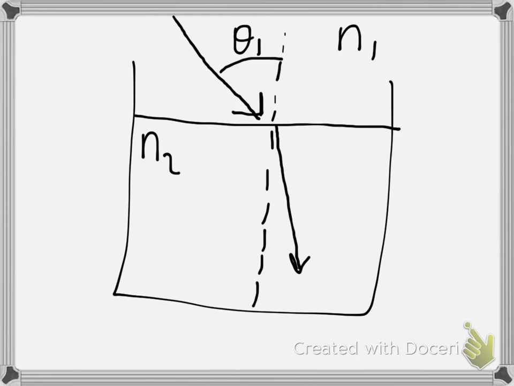And I'm going to have a different angle with respect to my normal. So with the law of reflection, when you're in the same index of refraction, like air, then the angle your beam of light hits your mirror with will be the same angle that it reflects off with. But in the case of refraction, when you're moving from one medium to another, the angle will indeed change. Okay, so that's the bottom line there.